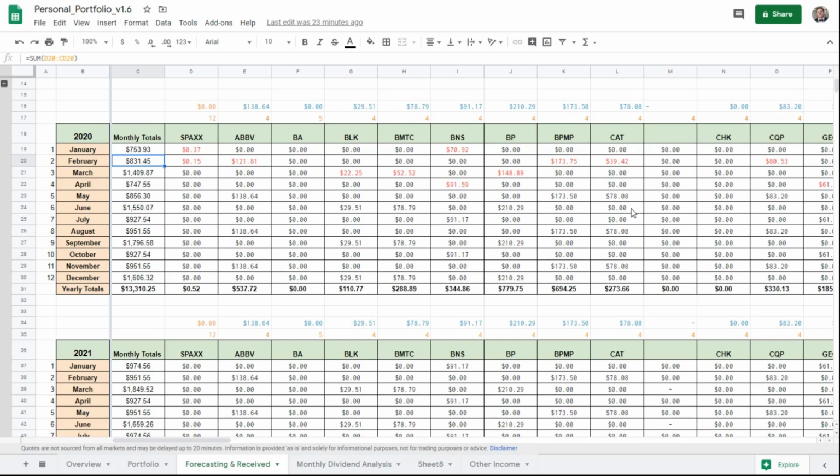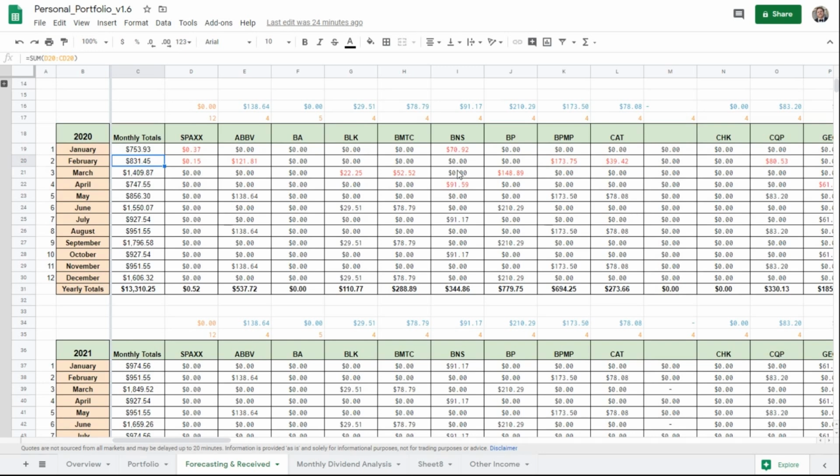I don't need to know what, say, Bank of Nova Scotia paid me 3 years ago. I'm more concerned about what my monthly totals were, because that's what I'm keeping track of.